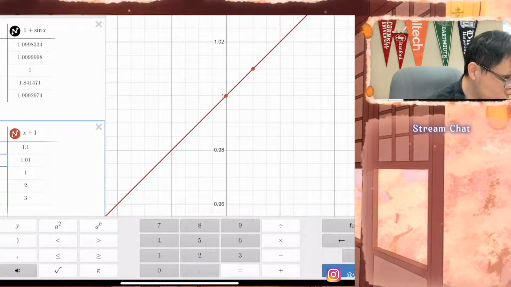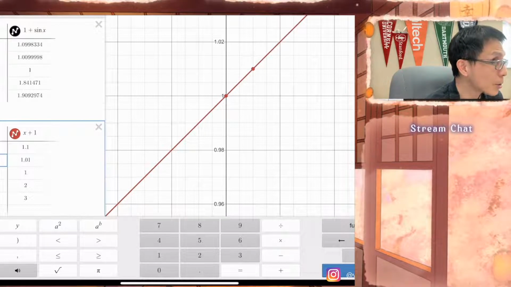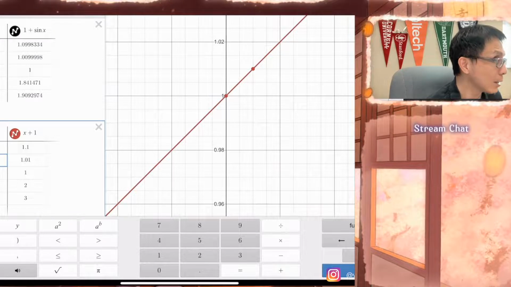At 0.01, they are within about a thousandth of each other. So it's a fairly good approximation. Now, this is important.